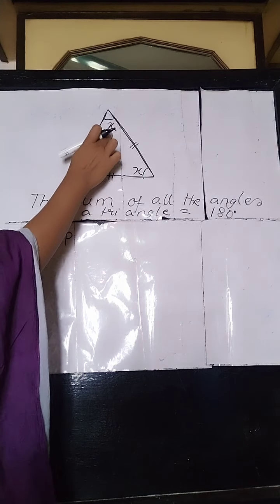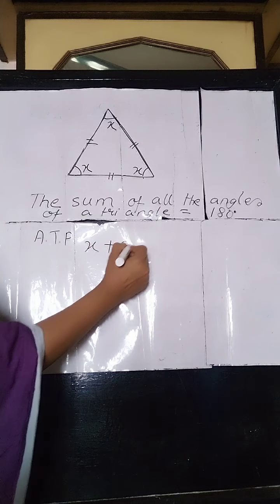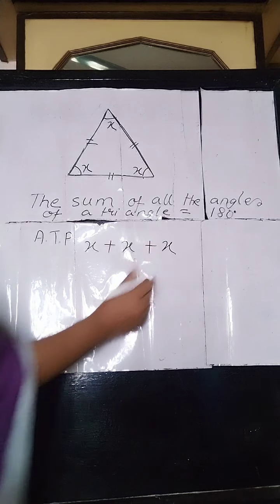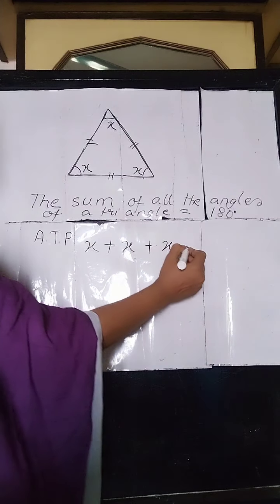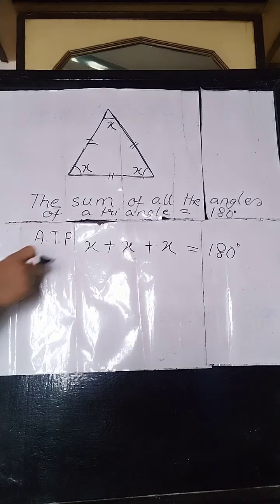x plus x plus x, the 3x if we add, we are going to get 180 degree. Why? Because the sum of all the angles of a triangle is always 180 degree, that we know.